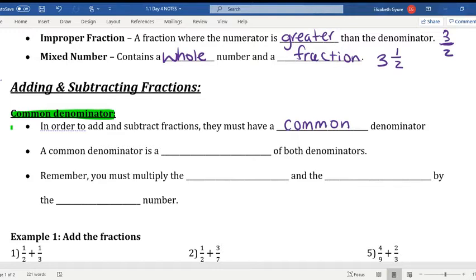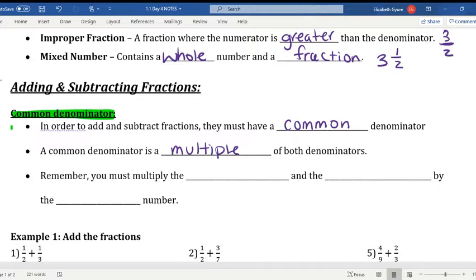So a common denominator is normally a multiple of both denominators. So for example, if you had a denominator of 2 and another denominator that's 3, what's 2 times 3? 6. So you could turn both denominators into a 6.